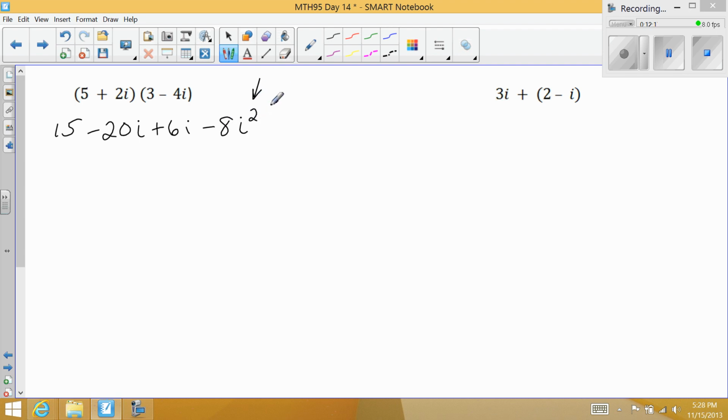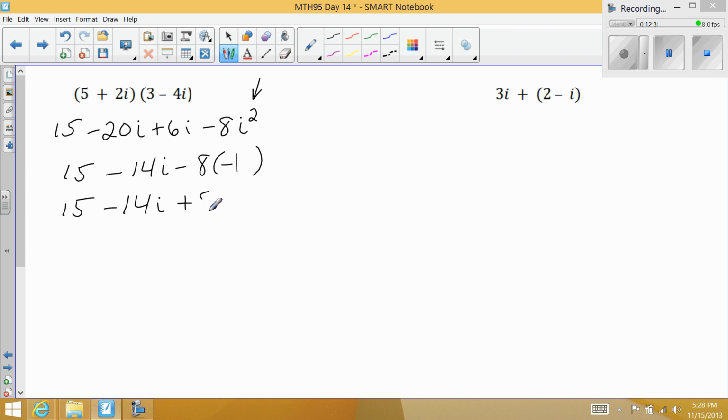That i squared is important. Don't lose it. Combining like terms, the -20i plus 6i is -14i. Do you remember what i squared is equal to? -1. So now we've got 15 subtract 14i.